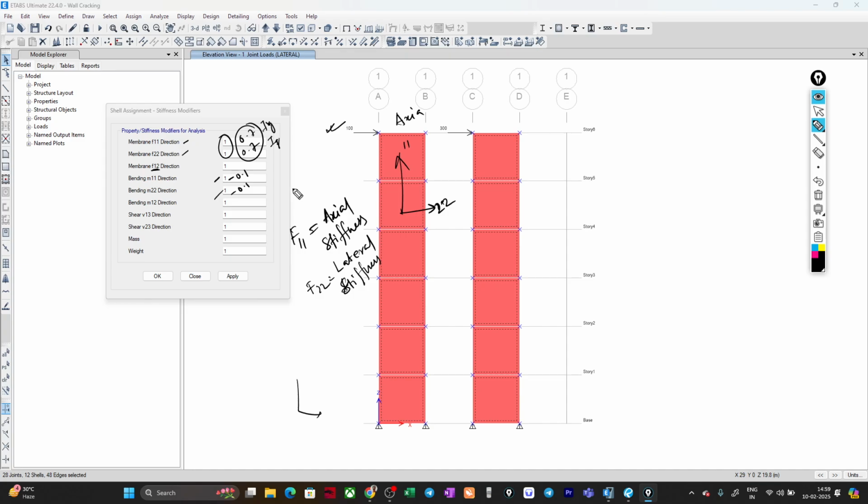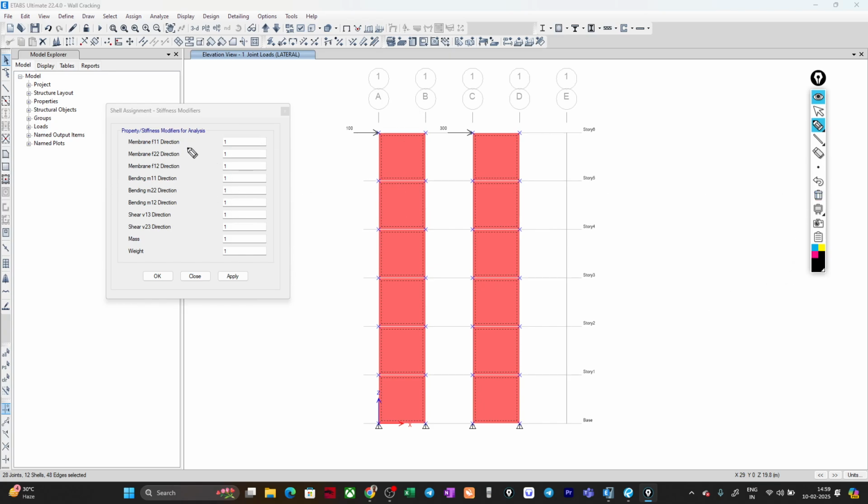Secondly, if you have a total 3D building, and these walls are also load bearing, in this case these will also become 0.7 and 0.7 and not 0.1. If there are columns provided to take these loads, then you make it 0.1, not 1. You do not keep it 1. In our case, we'll make F11, for axial stiffness, 0.7, and F22 as 0.7.